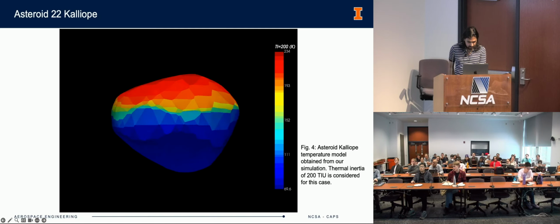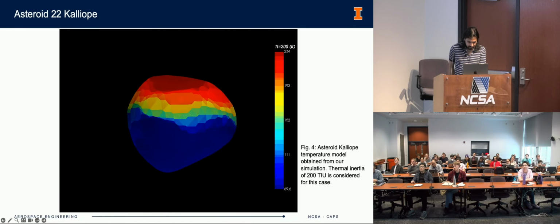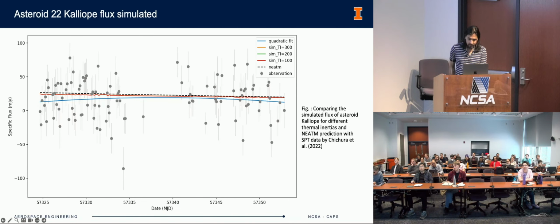Then let's come to what we observe. Here we compare how the flux from our simulations looks in contrast with actual observations. The gray dots with the lines are observations of asteroid Calliope, which was published in Paul's paper.